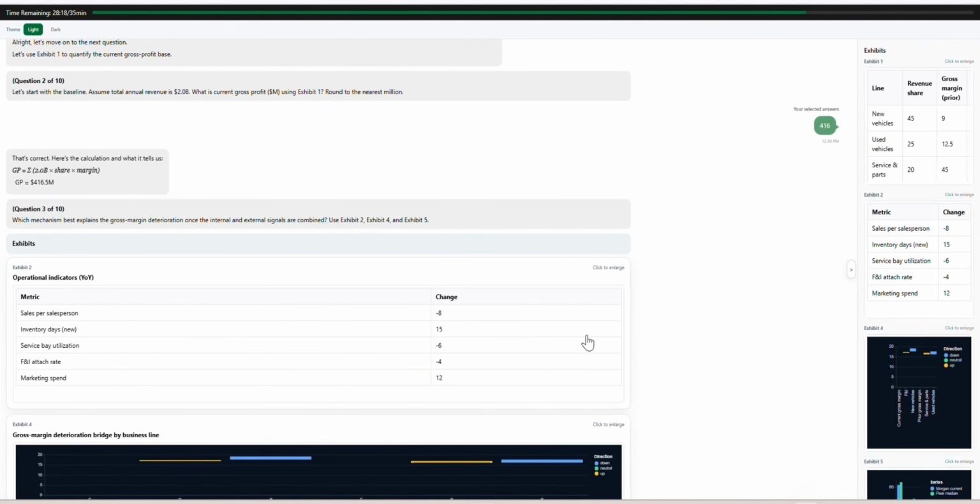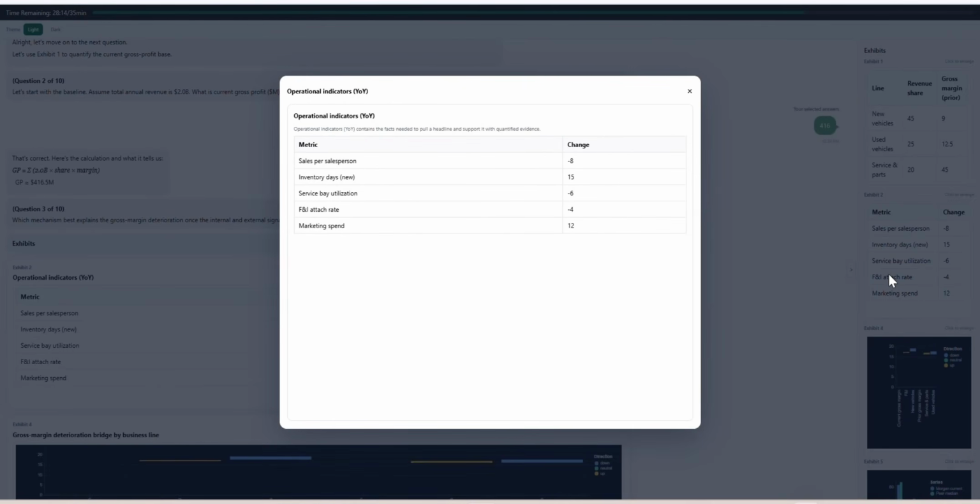Here we get Exhibit 2. And Exhibit 2 gives us operational indicators year over year, as well as a Morgan versus peer benchmark view by profit driver. The key signals include sales per salesperson down, inventory days up, service bay utilization down, F&I, and marketing spend up.